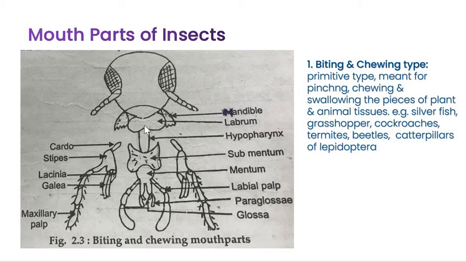Now here the labrum or the upper lip, which is simple, variable in shape, variable in size, right? And lying in front of the head, right? Here you can see this is the head and such a labrum which is acting as the upper lip of the mouth part of the insect, which lies in front of the head region.